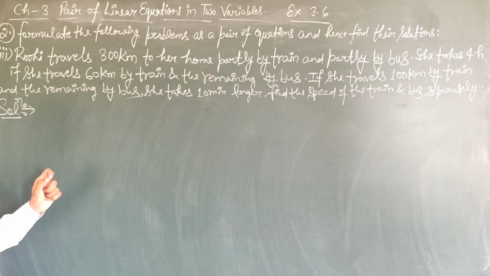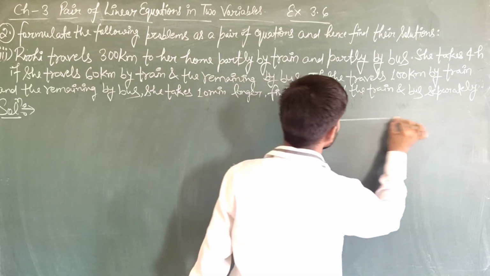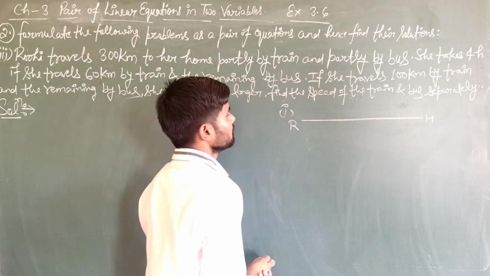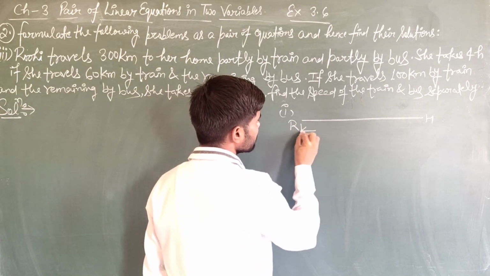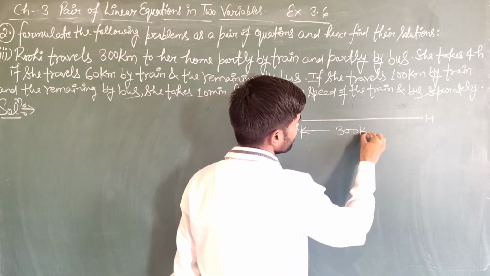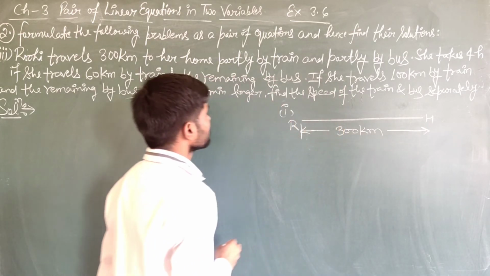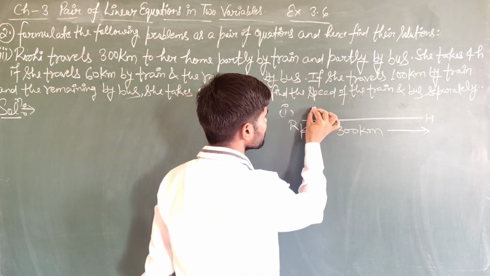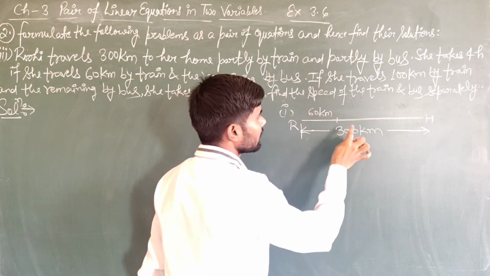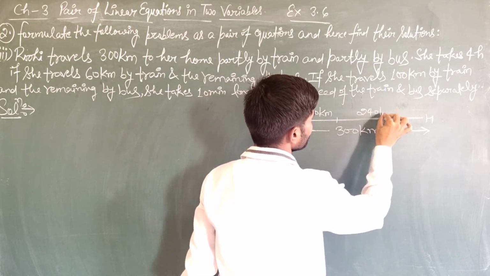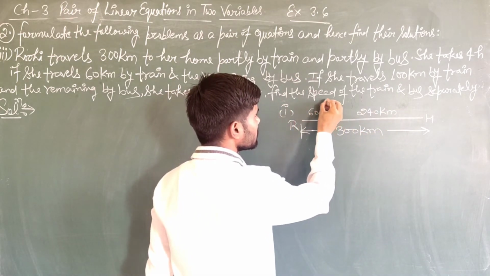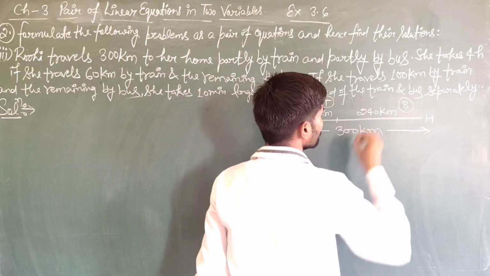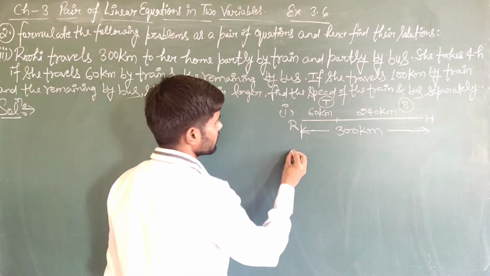In this question we can make two figures. First diagram like that. Suppose this is Ruhi and this is home. Total distance is 300 km. She travels 60 km by train. Suppose this distance is 60 km and next distance will be 240 km. This distance will be traveled by train and this distance by bus. This will be the first condition.